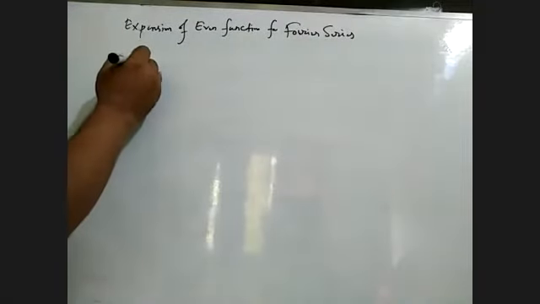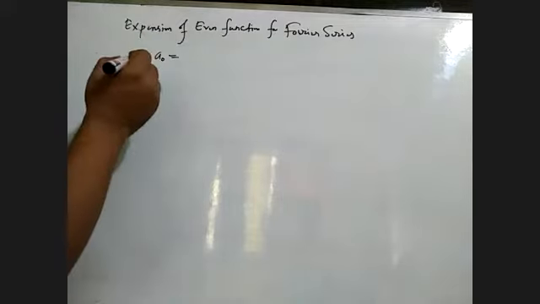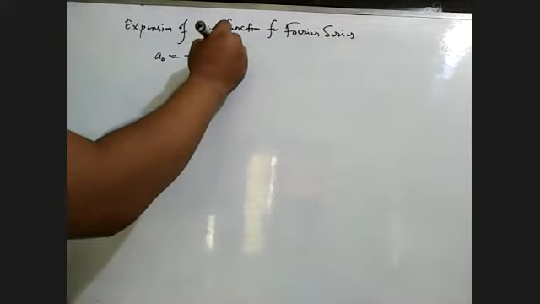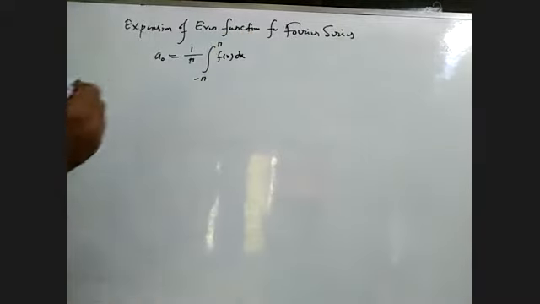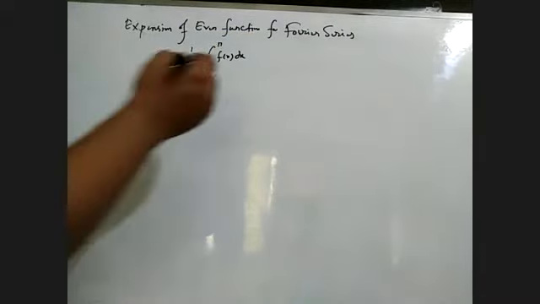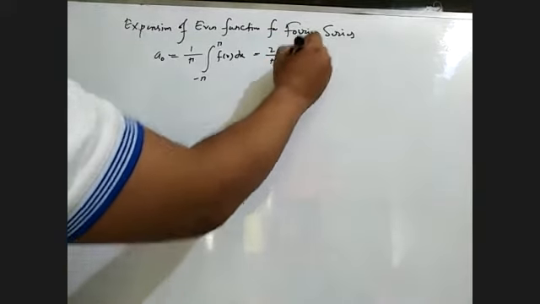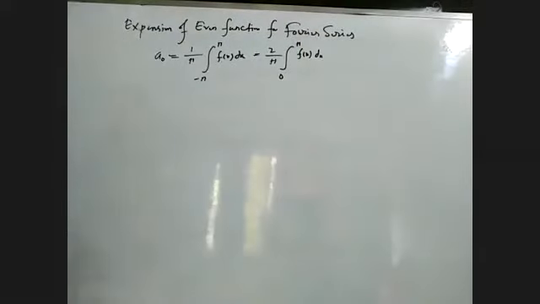You must know the cosine coefficient for n equals 0. a naught can be written as 1 by pi, the integral from minus pi to plus pi of f of x dx. This will be 2 divided by pi times the integral from 0 to pi of f of x dx. This will be the reduced formula.